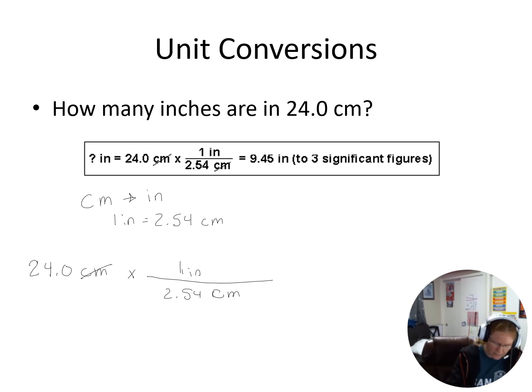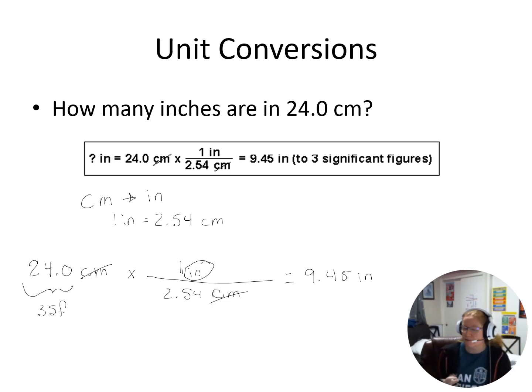Okay, so centimeters and centimeters cancel, and I'm left with inches. So then I get a calculator, I do the math, and I end up with 9.45 inches. We're reporting the answer to 3 significant figures because here I have 3 significant figures.